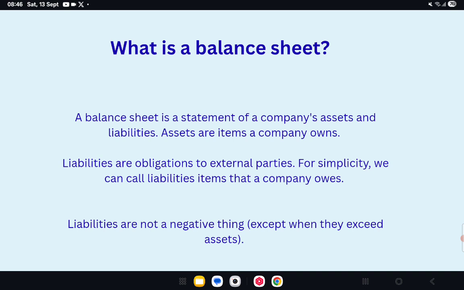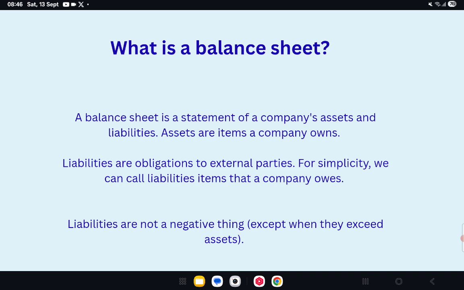Now, liabilities are obligations to external parties. The most common definition you'd see is that anything a company owes is its liability, while what a company owns are assets. But I choose to give a bit more context because people tend to put a negative connotation to liabilities, which is not the case.